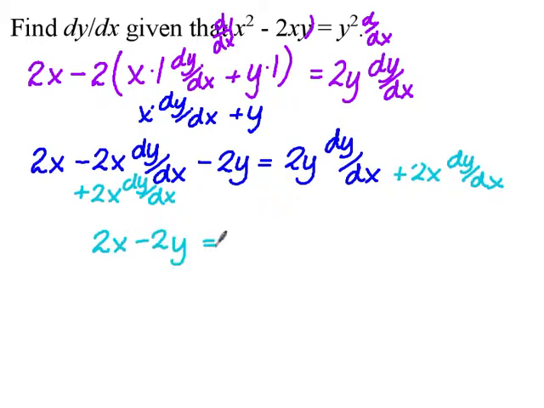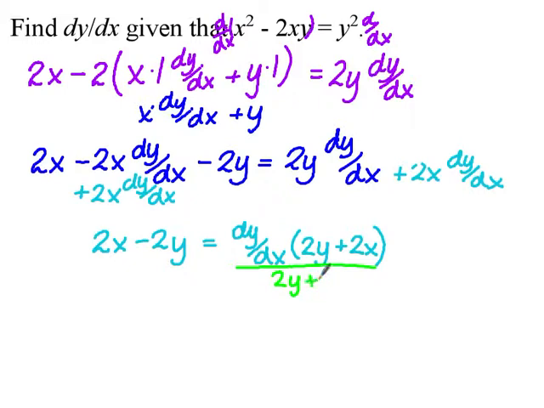On the right side, I'm going to go ahead and factor out a dy dx at the same time, and I'm left with 2y plus 2x. Questions? What do you have to do? Divide by 2y plus 2x.